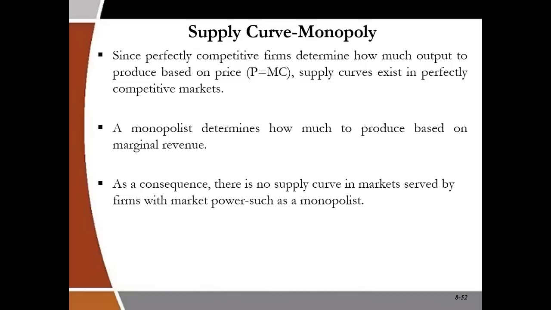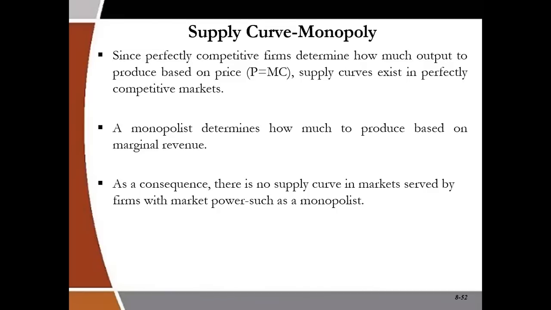So it doesn't have a supply curve because the firm can influence prices without even the supply curve, because it's the only firm in the market. Monopolies determine how much to produce based on the marginal revenue.